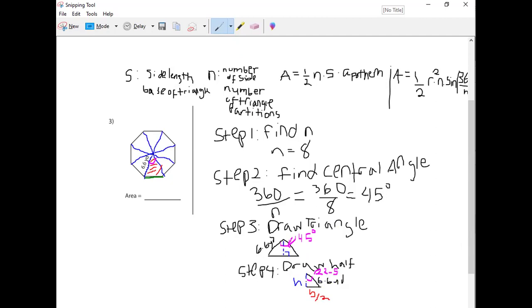So I know my adjacent and my hypotenuse, but what I don't know is my opposite. So let's find the adjacent. H is adjacent and I know the hypotenuse. So what trig ratio relates adjacent to hypotenuse? If you said cosine, good.